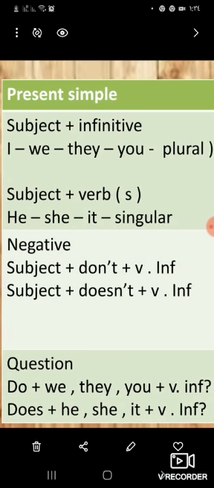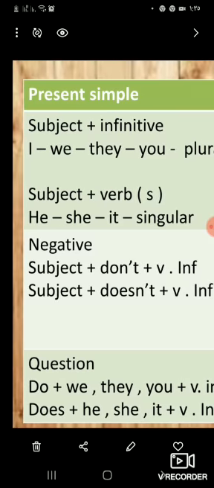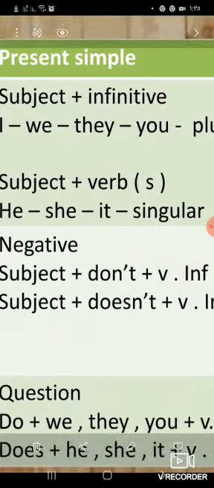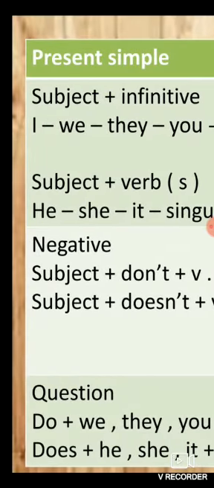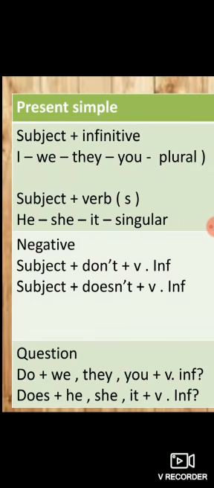We use also doesn't with negative forms. We use doesn't with he doesn't, she doesn't, it doesn't, and then the verb in the infinitive. Okay, now, what about the question? Yes, we use do and does. What's the difference?